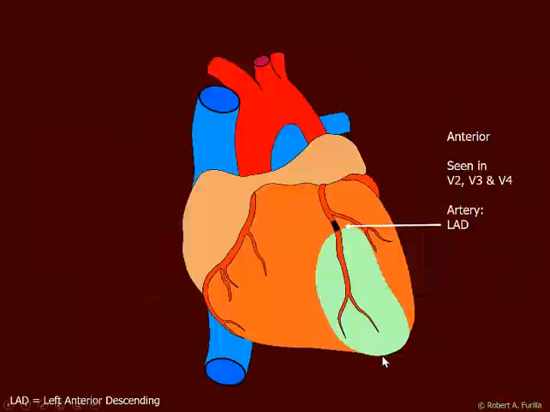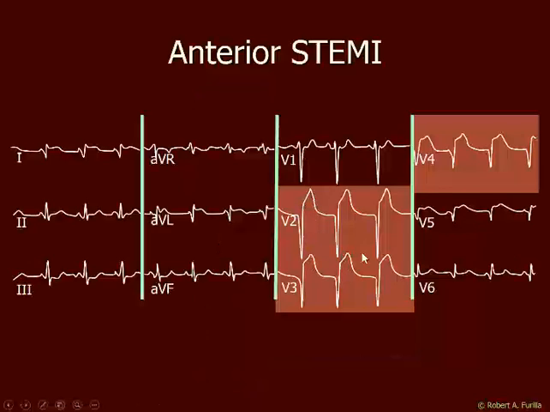Now we're looking at an anterior infarct, also produced by an occlusion of the left anterior descending artery. We see this usually in V2, V3, and V4. There we can see it, V2, V3, and V4, anterior. We're not seeing it in V1. If the infarct were more centered, we might see it picked up in V1.